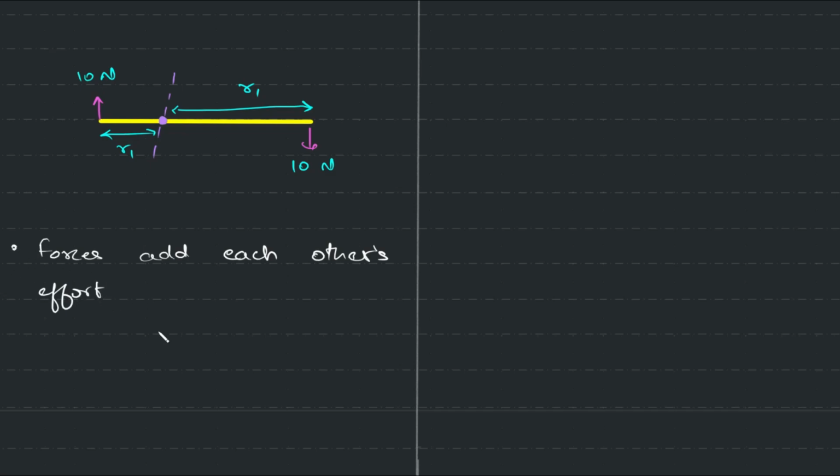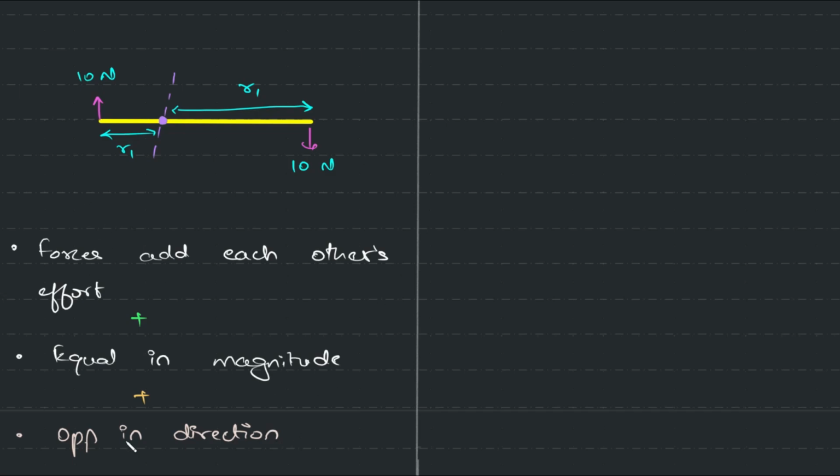First thing. Second thing is we can think about the efforts, forces add up to each other and they are equal in magnitude. As you can see, they are opposite in direction.